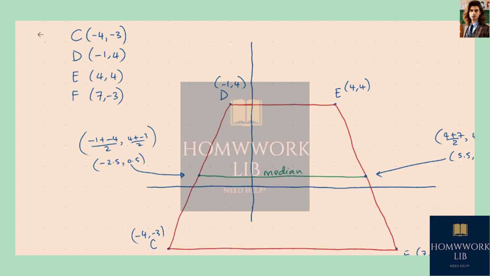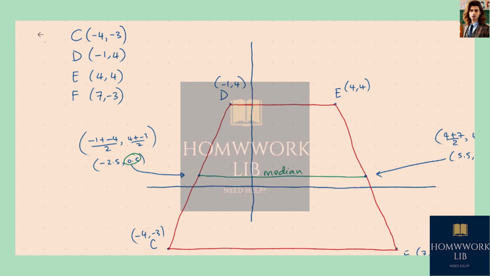And we are required to find the length of the median. Now, the length of the median is going to be obtained by getting the difference between the x coordinates, because notice that the y coordinates are the same, so 0.5 and 0.5. So that makes it easy for us to get the length of the median.